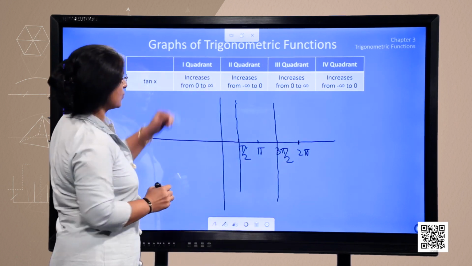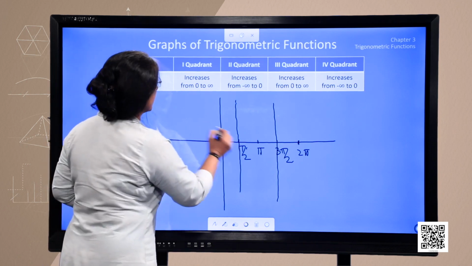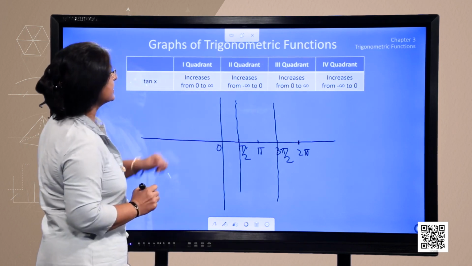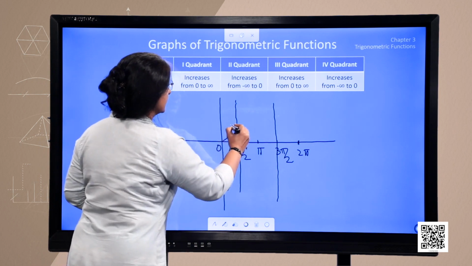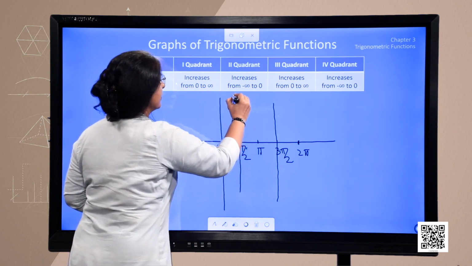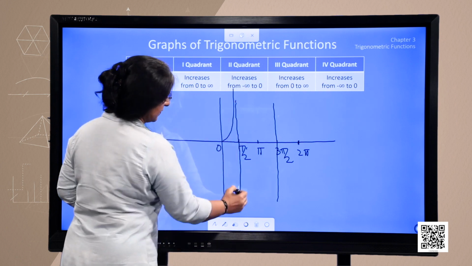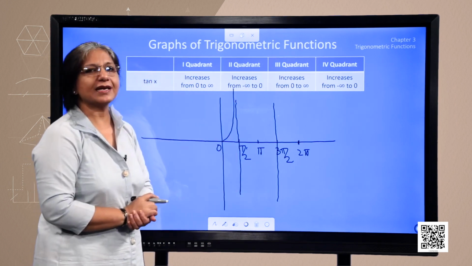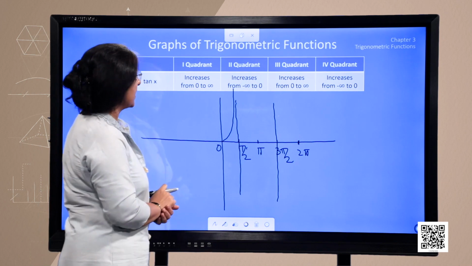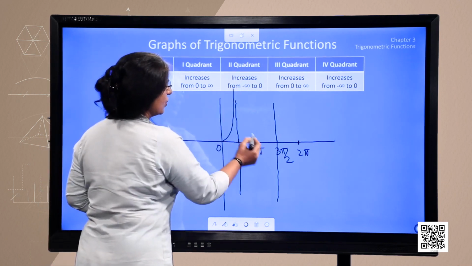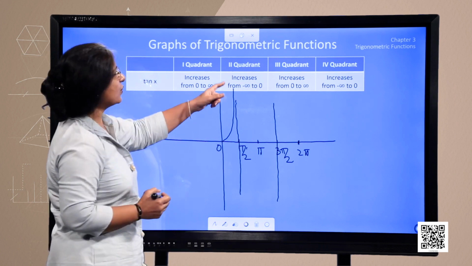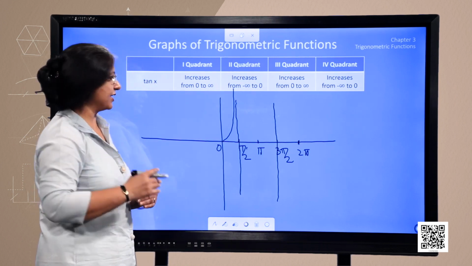Now, in the first quadrant, that is from 0 to pi by 2, tangent increases from 0 to infinity. It goes like this, but it will never touch this point pi by 2 because it is not defined at pi by 2. Now, in the second quadrant, that is from pi by 2 to pi, its value increases from minus infinity to 0.